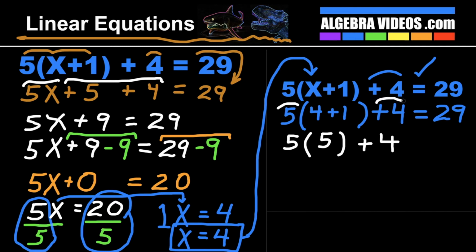That's this 4 right here. Equals 29. And now simplifying the left side again. 5 times 5 is 25. Plus 4. And on the right side, I'm just bringing down the 29.